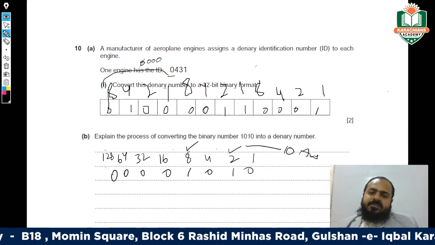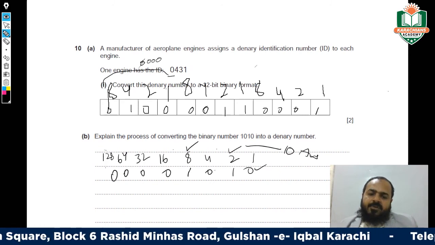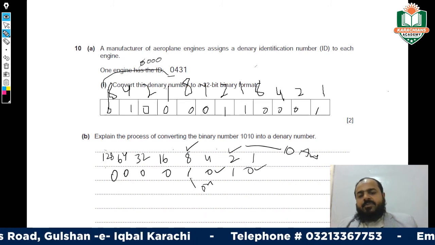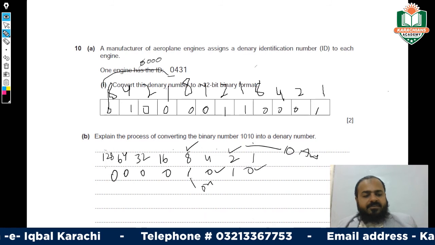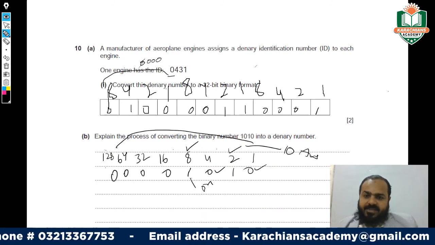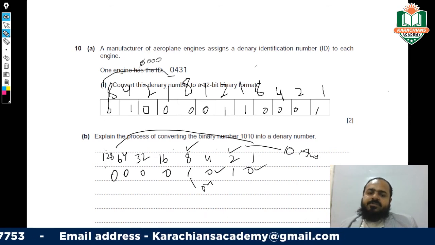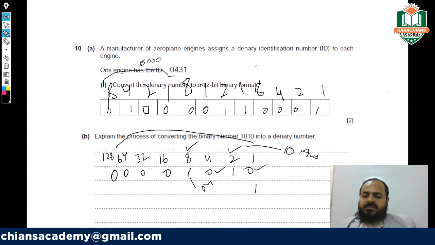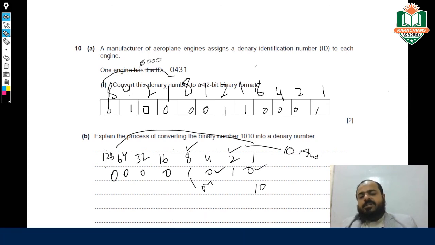And the process is that 0 means off and 1 means on, and we add the numbers. First we apply this method here, and then we add. So this is the process and this is the method. You can write it in steps. If you see the answer in the exam report, 10 is the answer for this, because 2 of the bits are on, 8 and 2, and the rest of them are not on, so they cannot be added.